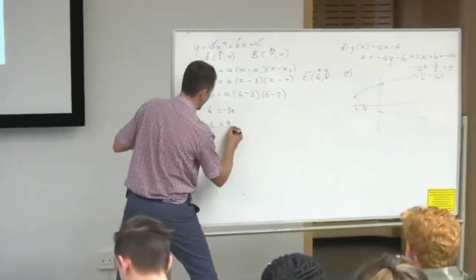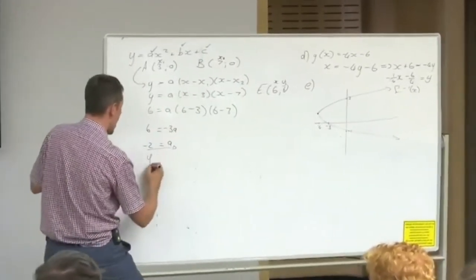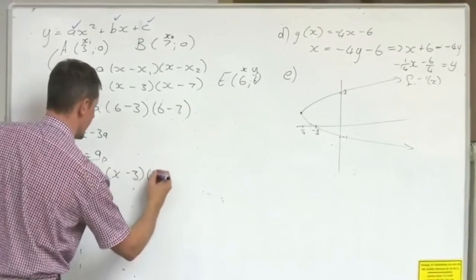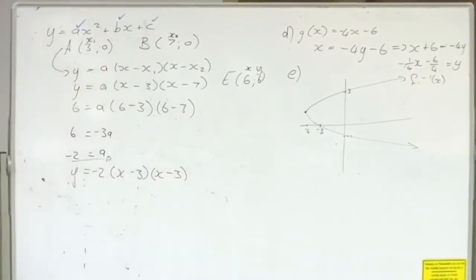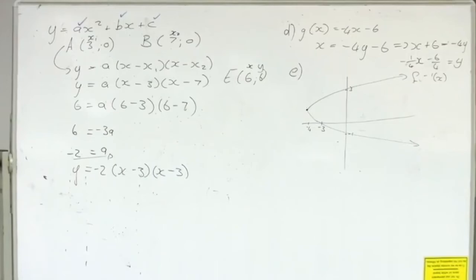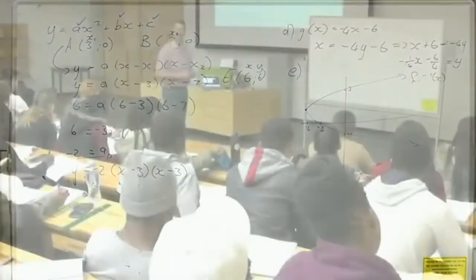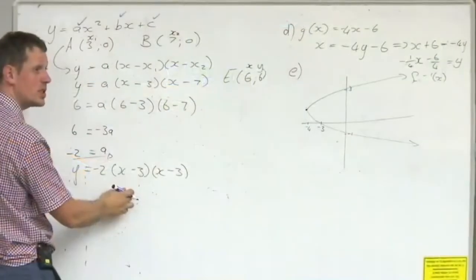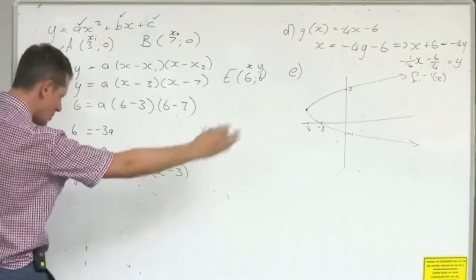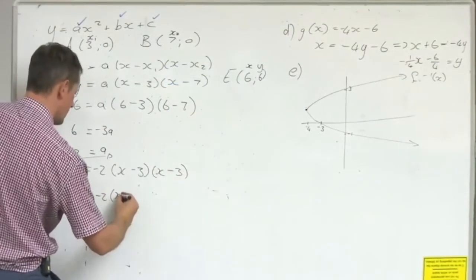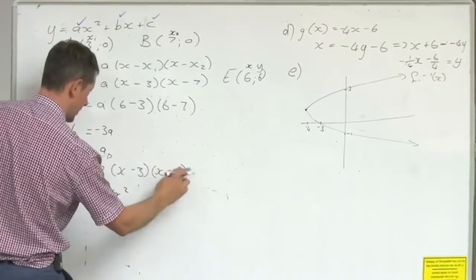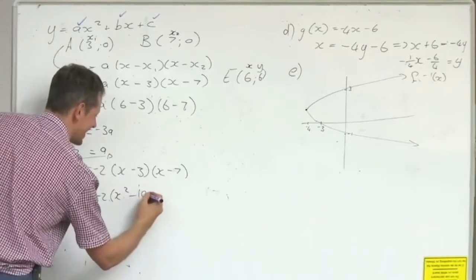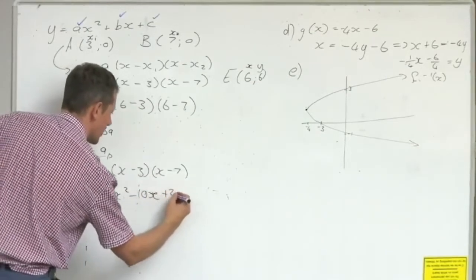Now I've got a, and I'm going to finish off here. y is equal to -2(x minus 3)(x minus 7). Again, I want an equation. So I want this, but not this. So what must I do? Just multiply out. (x minus 3)(x minus 7) gives x squared minus 10x plus 21.